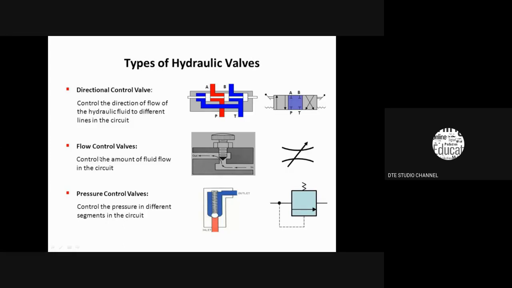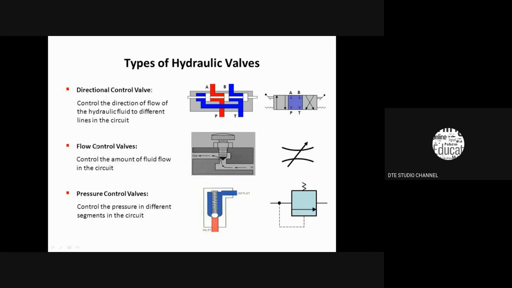The second type of control valve is the flow control valve, which regulates the rate of flow, or the quantity of fluid which enters the actuator. This is a symbol for representing a flow control valve. The inlet of the flow control valve is connected to the pump, and the outlet of the flow control valve is connected to the actuator.